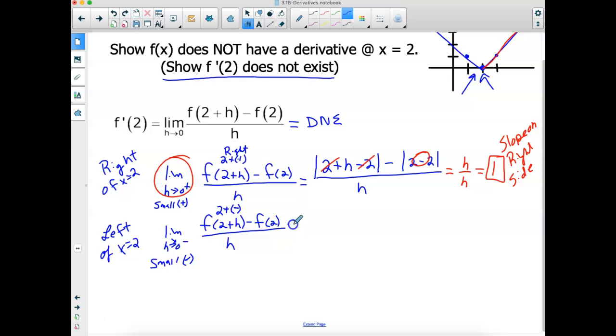So when I plug this in, again, I'm going to have the absolute value of 2 plus h minus 2, minus f of 2, which is still 0, divided by h.